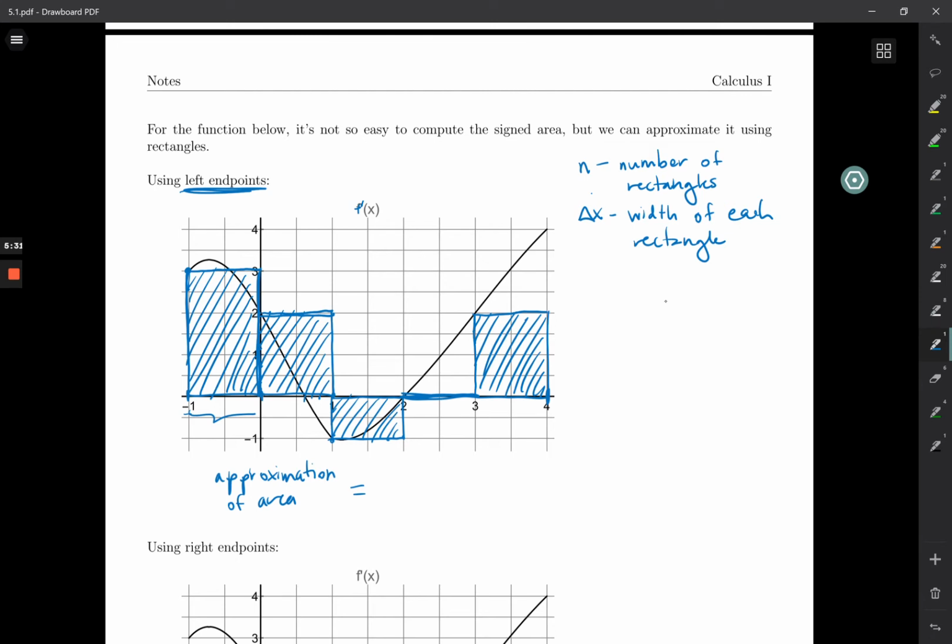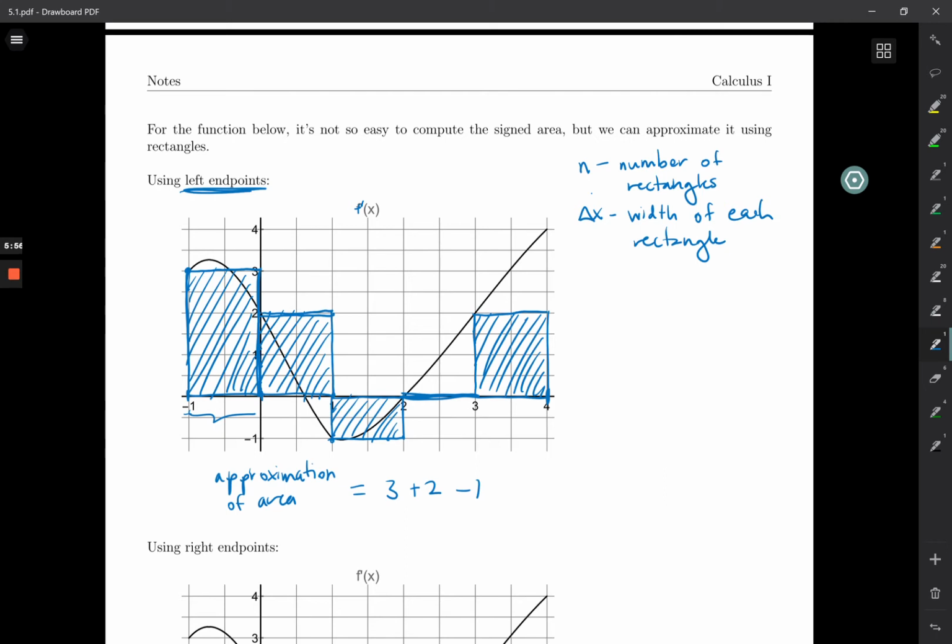But let's see, the area of the first rectangle, that has height 3, they all have width 1, so really we just need to figure out what the heights are going to be. So that one has area 3, the next rectangle has area 2, the third one has area -1, so since it's lying below the x-axis, it has a negative area.